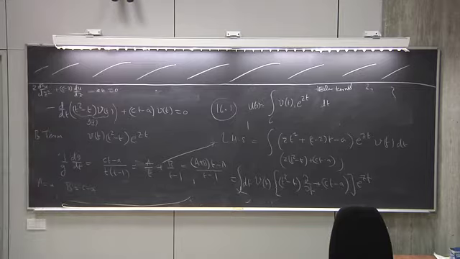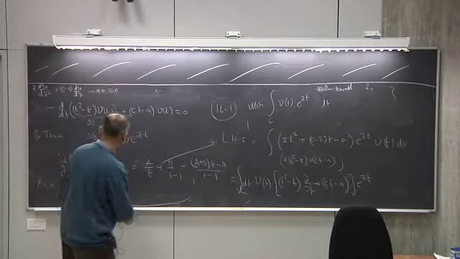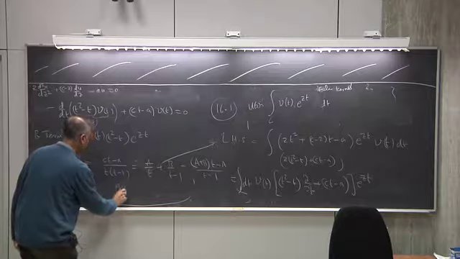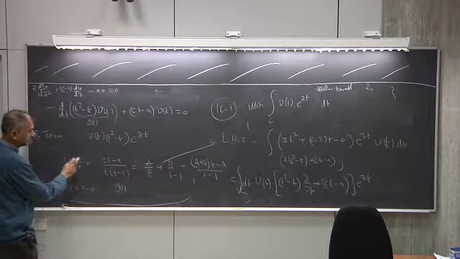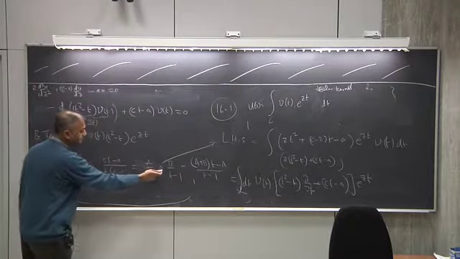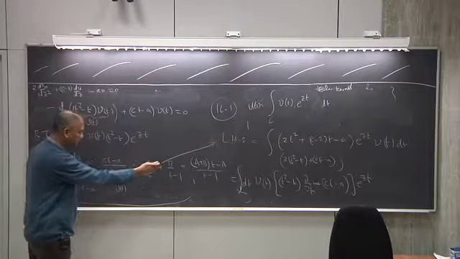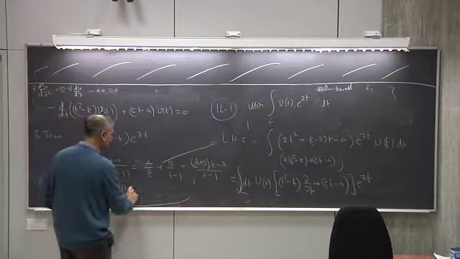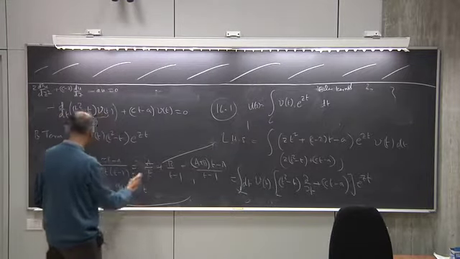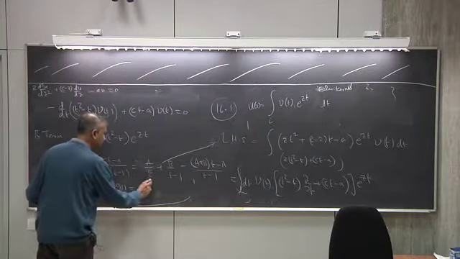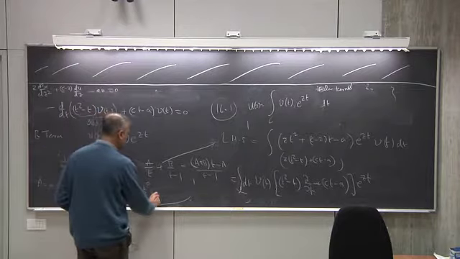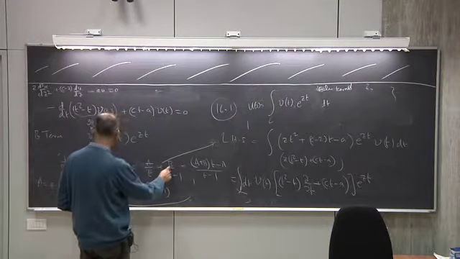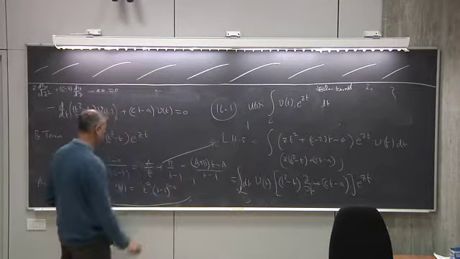So you get that. And then the solution of this equation: log of g is equal to A times log of t plus B times log of (t minus 1). Then take the exponential on both sides. So you get g of t equal to t to the power of a, and (t minus 1) to the power of c minus a.